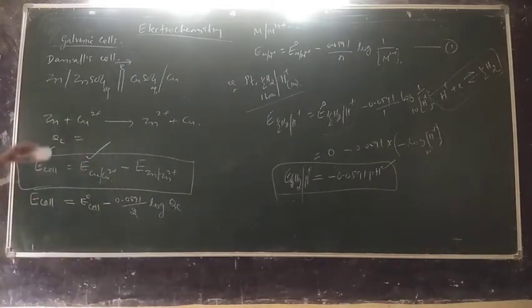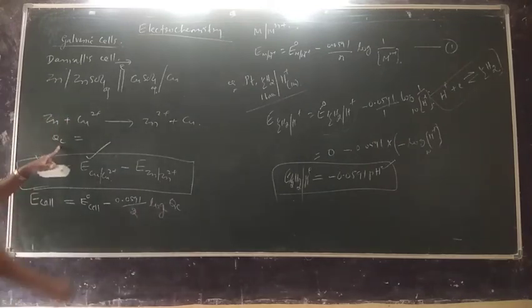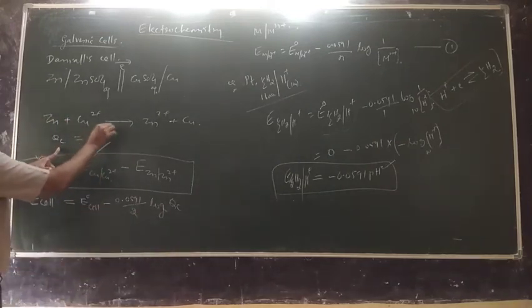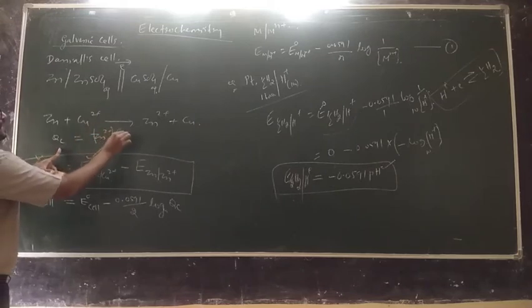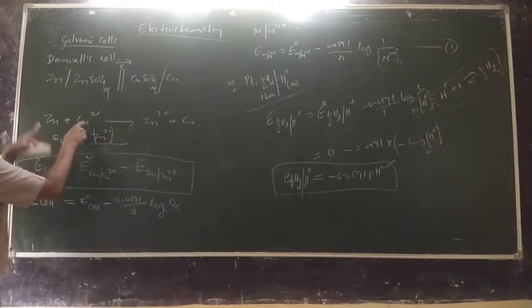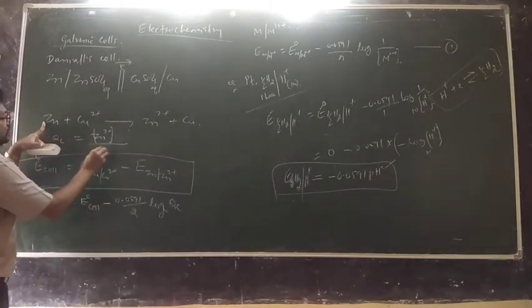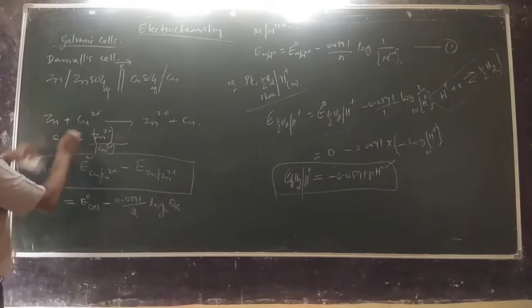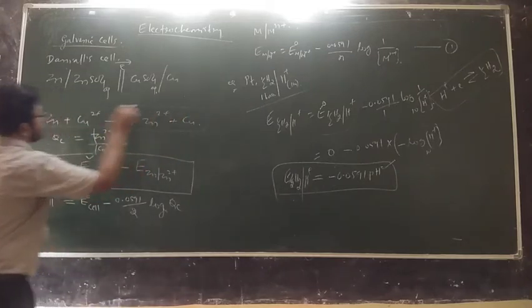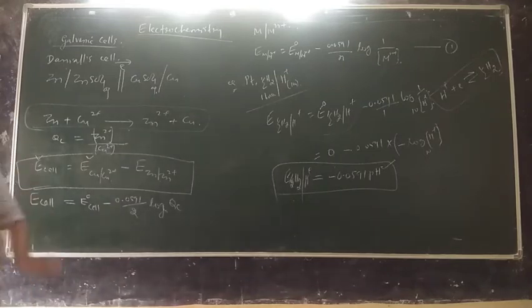Look here, QC is the reaction quotient. What is QC? Zinc ion concentration into metallic copper concentration, which is unity, divided by metallic zinc concentration, which is unity because it is solid, and Cu2+ concentration. So QC is similar to the equilibrium concept under the chemical equilibrium chapter.